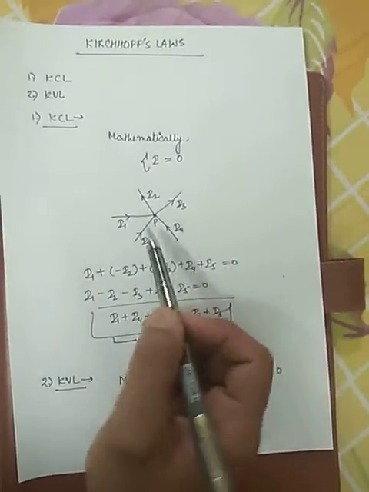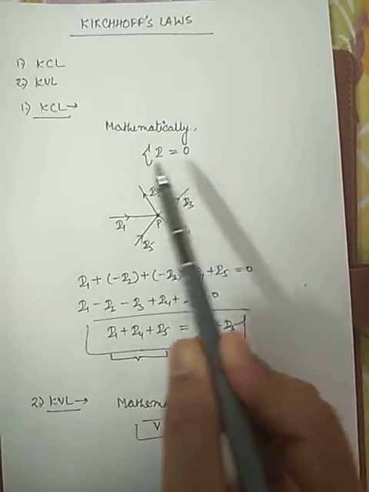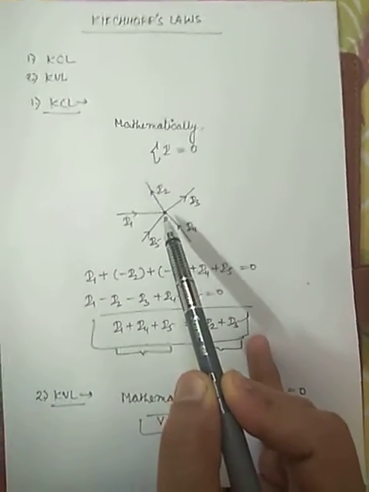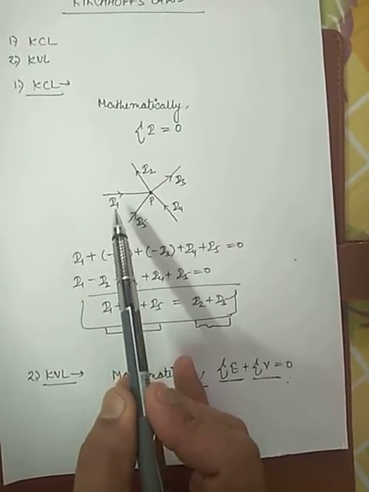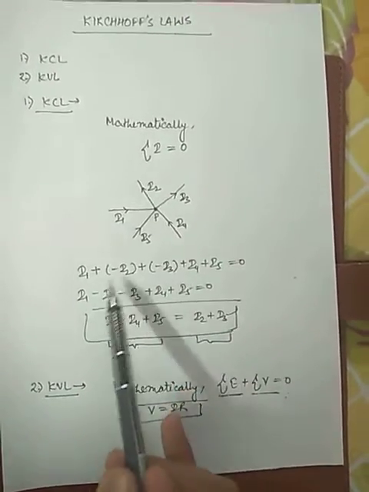Mathematically, the algebraic sum of all the currents meeting at a point is equal to 0, and this is known as Kirchhoff's current law. Here I1 is incoming current, so we take it as positive, and I2 is outgoing current, so we take it as negative.